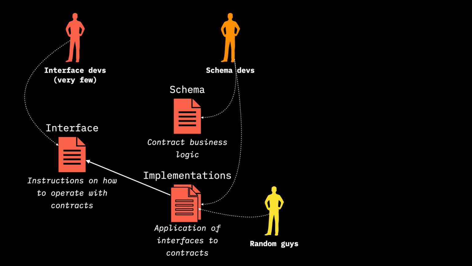They may accept only interface implementations coming from the schema developer, or they may have a less strict policy and accept implementations from trusted or audited developers. Or if you are reckless, you can accept interfaces from any party.